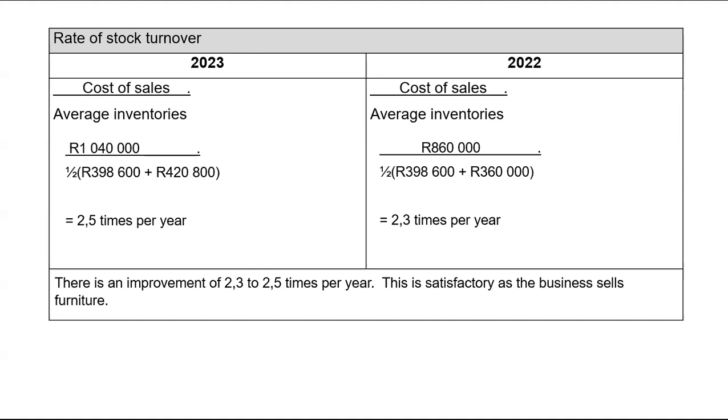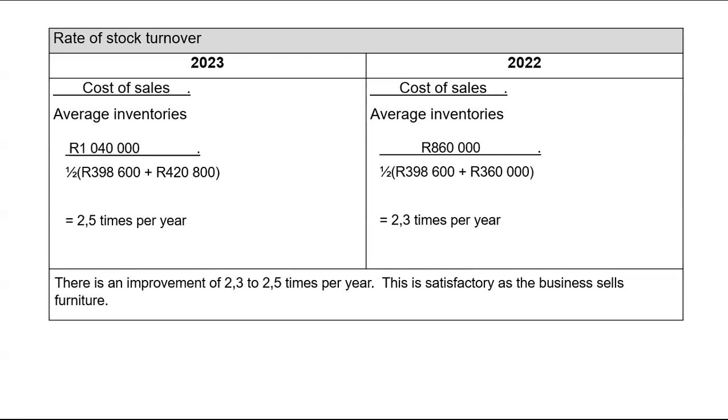But an improvement in stock turnover rate is always good. A decline is always bad because you want your rate of stock turnover to increase, as it indicates that you're selling your stock faster. Selling stock doesn't always have to do with cheaper stock. It's affected by a lot of things: your marketing expense, your advertising expense, your quality, your packaging.